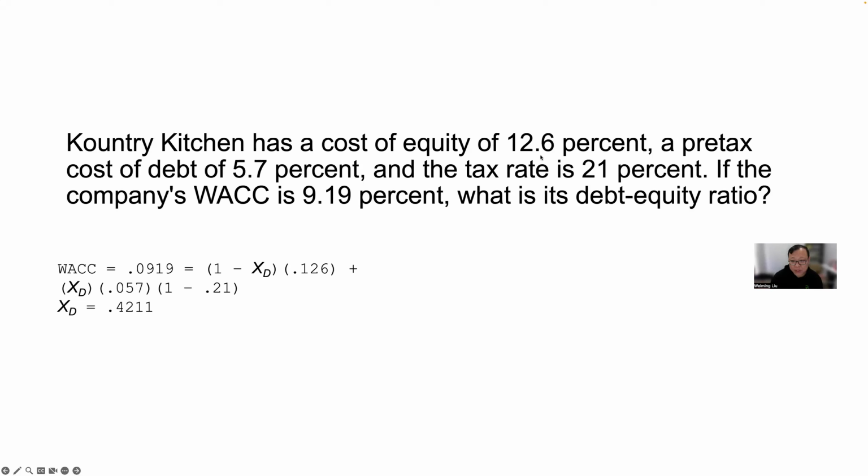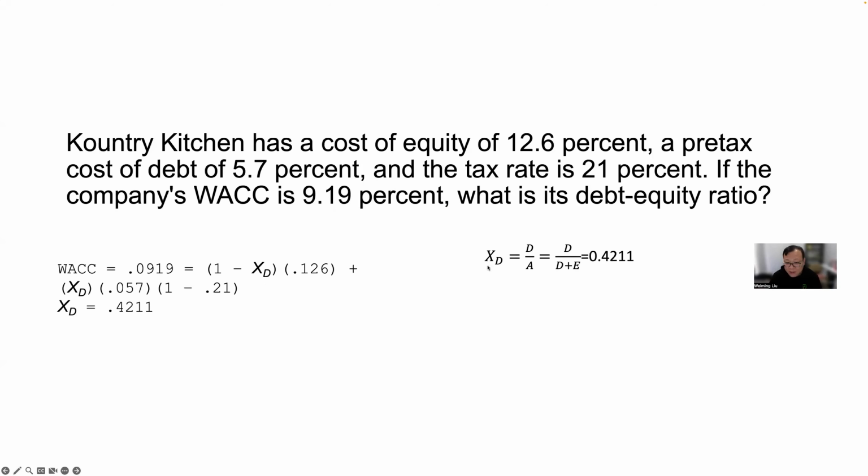You know the cost of equity, 12.6%, plus the cost of debt, pre-tax. This is really important, pre-tax. The pre-tax cost of debt is 5.7%, so you have to consider the tax shield: 0.057 times 1 minus 21%, and then times the weight XD. Using this equation, you can solve that the weight of the debt XD is 42.11%.